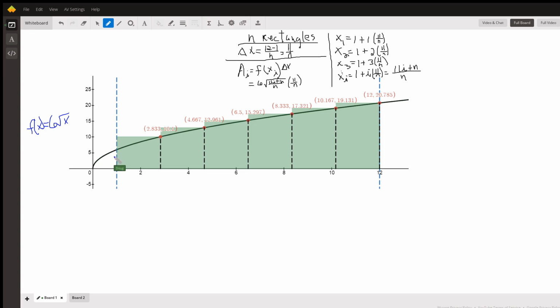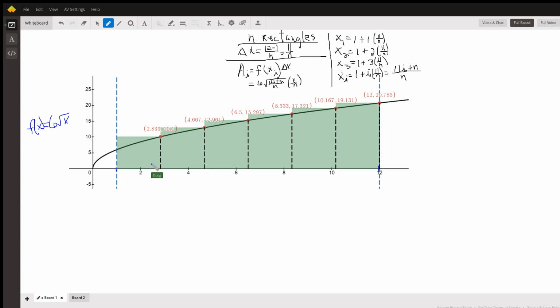And we're asked to come up with an expression for the area under that curve on the interval from 1 to 12. Now this graph depicts 6 rectangles, but we actually want to come up with expressions for n rectangles and then let n approach infinity.